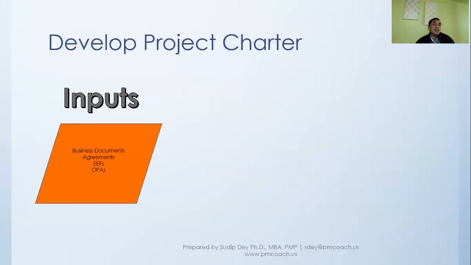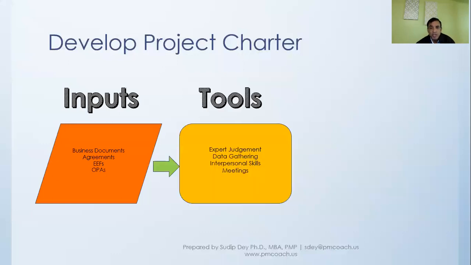In agreements, there might be some agreements and contracts, and different enterprise environmental factors or organizational process assets. Those are things that will come into this particular process, develop project charter. The tools that we use inside this process are expert judgment, data gathering, interpersonal skills, and of course, meetings.